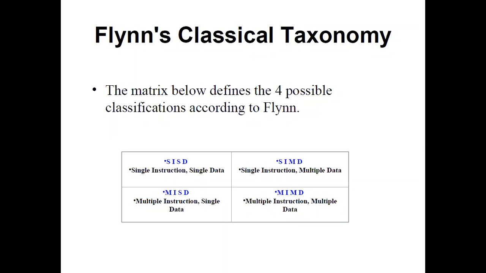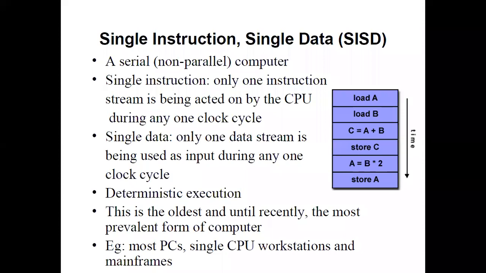And the long forms are really easy. So what is single instruction and single data? In the diagram, you are able to see that single instruction, single data is nothing but a serial computer. We have only a single instruction, which is executed by the CPU in one clock cycle, and only a single data stream is used.